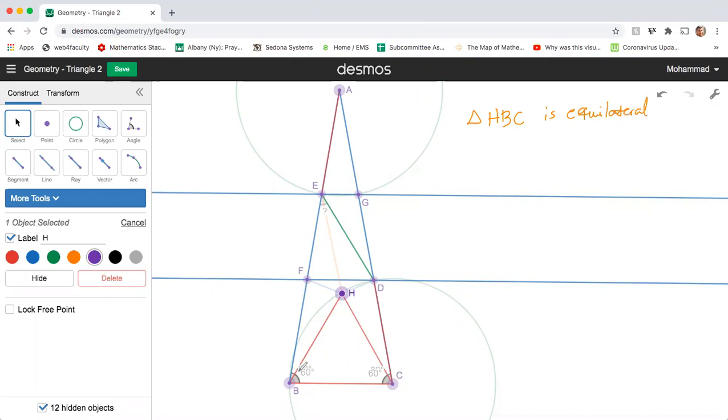And therefore, these angles are 60 degrees, both of these. The angles HBC and HCB are both 60 degrees. Now connect point H to D, and to F, and to E.